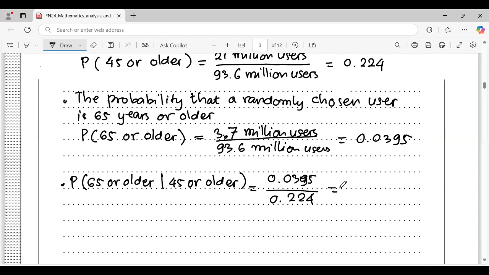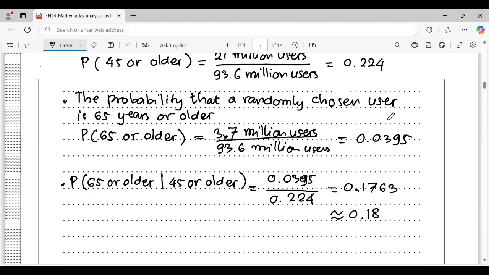And the result is 0.1763, or rounded to 0.18.